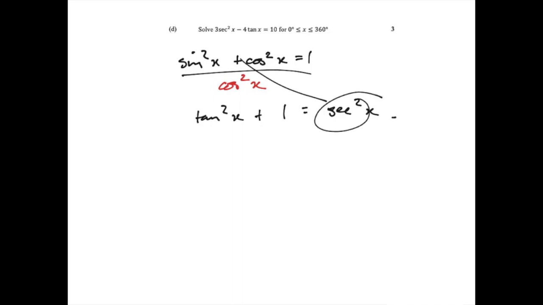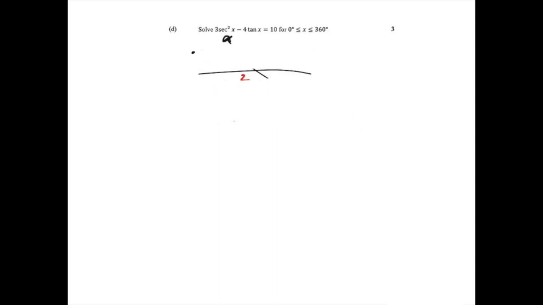If I divide everything by cos squared x, then sine squared over cos squared is tan squared, cos squared over cos squared is 1, and 1 over cos squared is secant squared x. So that's how I can easily get all of my identities, but this is the one that's going to be important because I can put this into here, and then I'll have tan squared and tan, so it becomes a quadratic that involves trig. So let's do that then. Remember that identity. You can go back if you want to.